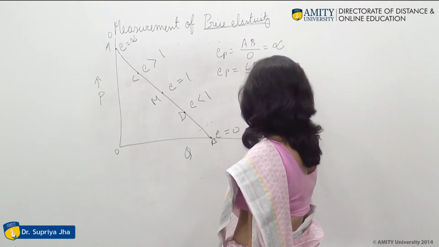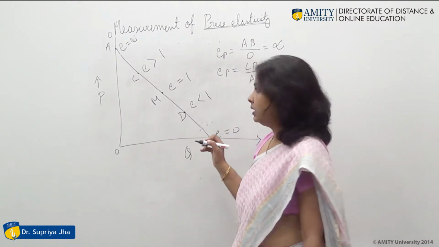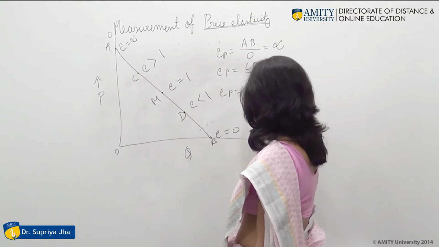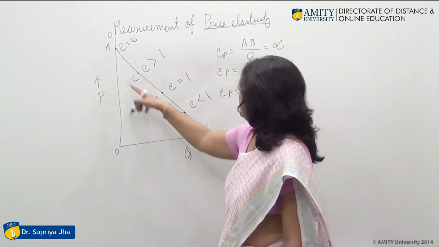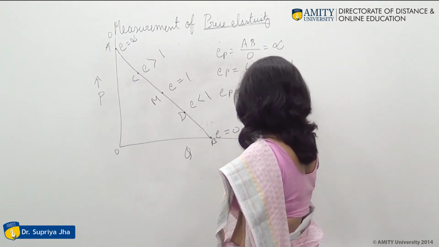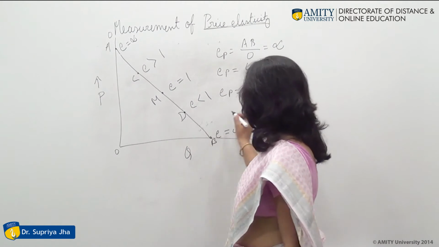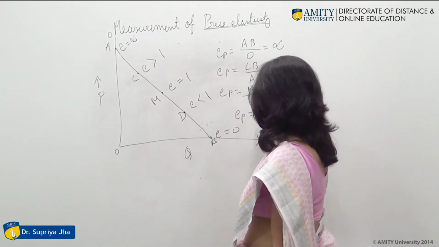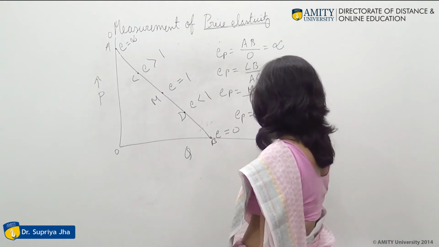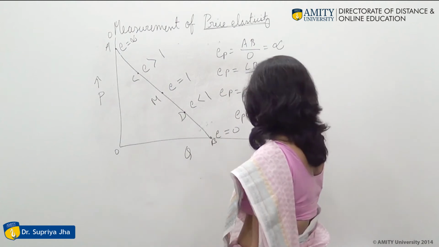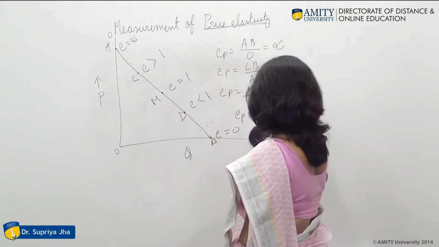So E is greater than 1. Now at point M, EP is equal to lower segment MB divided by AM, which is equal to 1. That's why E is equal to 1. At point D, EP is equal to lower segment DB divided by upper segment AD, so E is less than 1.